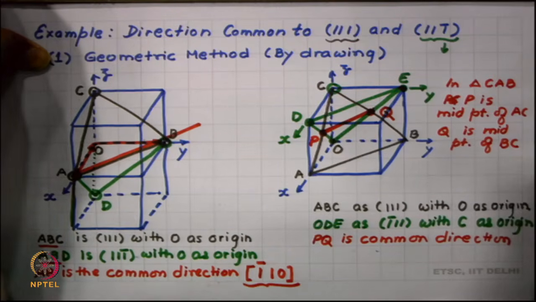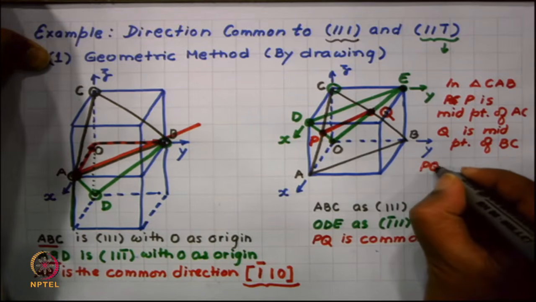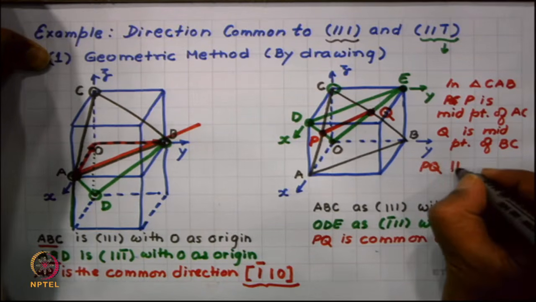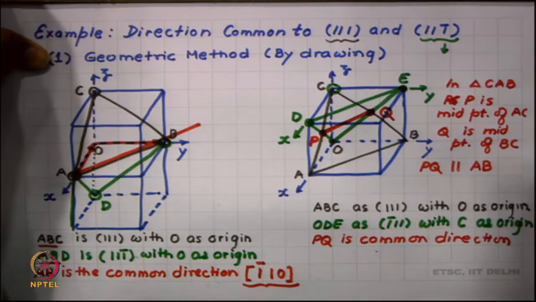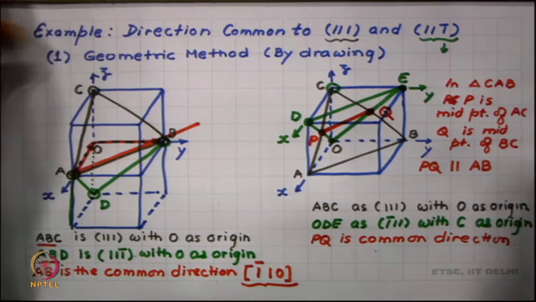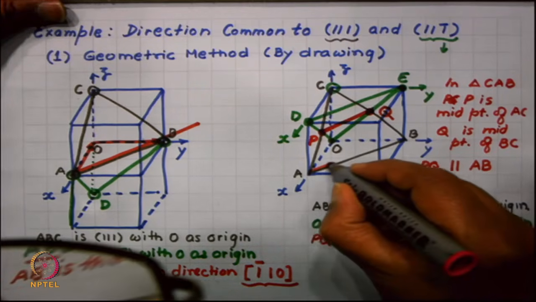And in any triangle, if you join the midpoints of two sides, it is parallel to the third side. So, PQ is parallel to AB, and we know that parallel directions all have the same Miller indices. So, PQ will have the same Miller indices as AB.